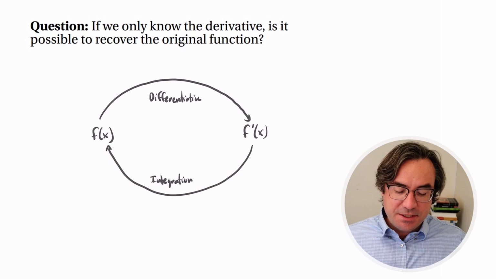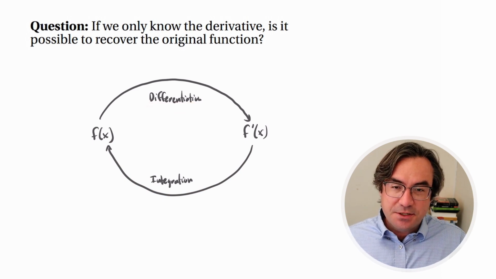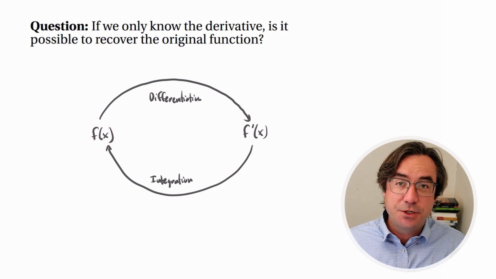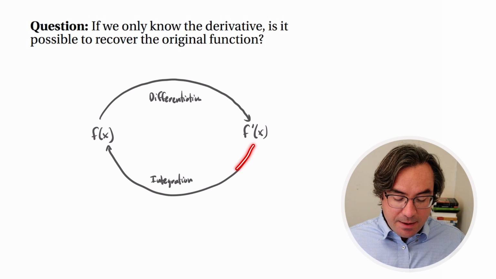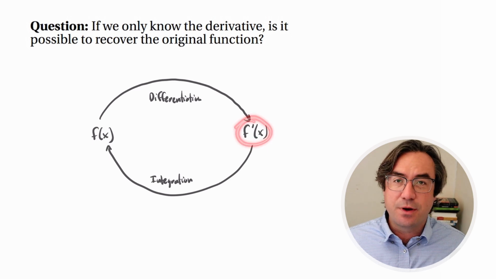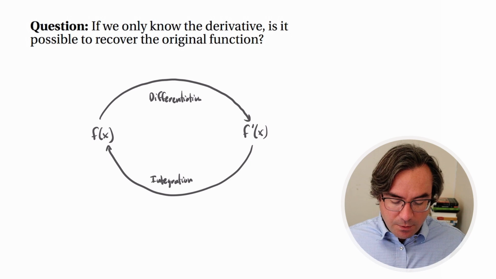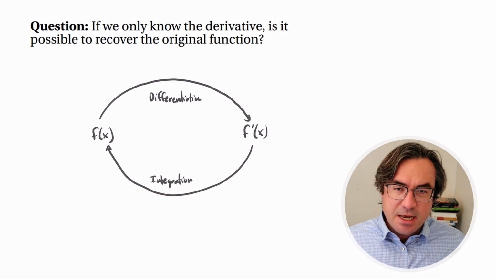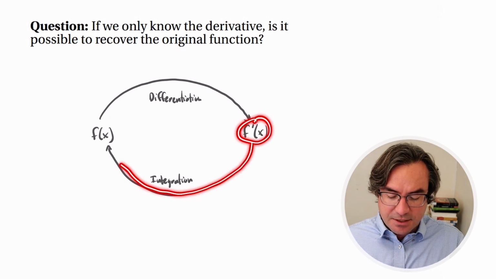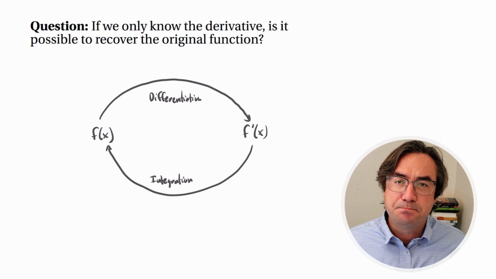The only issue that we're going to see is this differentiation process does destroy a little information about the original function. So we're not going to be able to go all the way back completely just by knowing the derivative. We'll see that later on. But for right now, we want to think of integration as basically gets the job done. It basically takes our derivative and it does send us back to the original function.